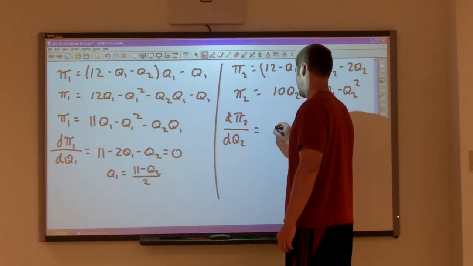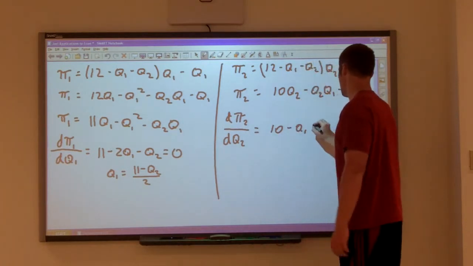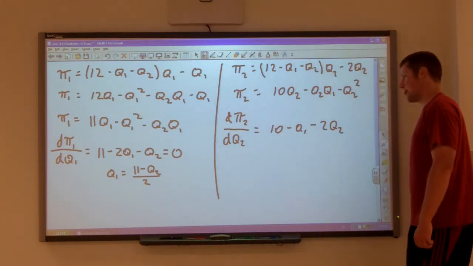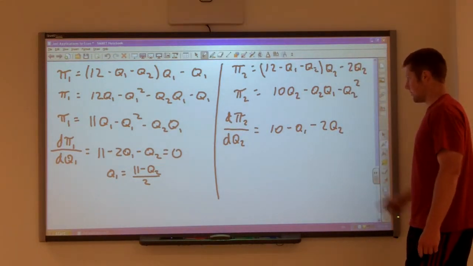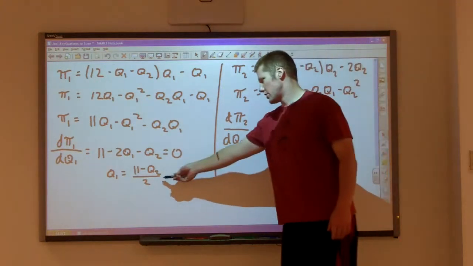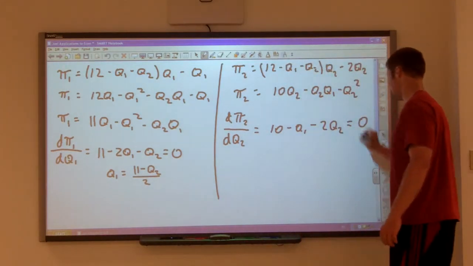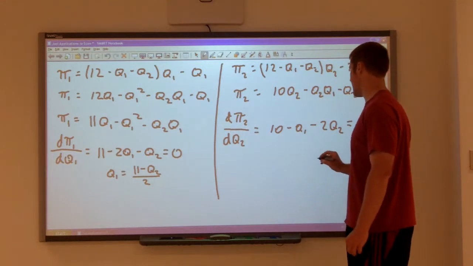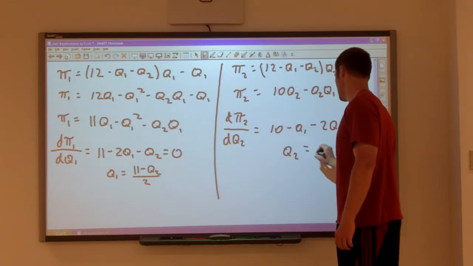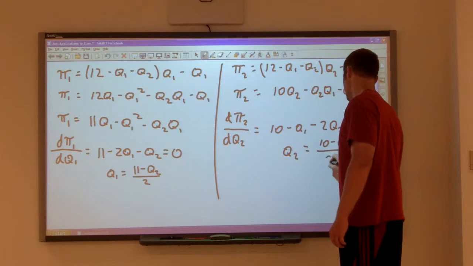So we get 10 minus Q1 minus 2Q2. Let's solve this for Q2, and then we can plug it back into the other equation and actually get a number. Recall this is equal to 0 because we're trying to maximize it. So Q2 is 10 minus Q1 over 2.